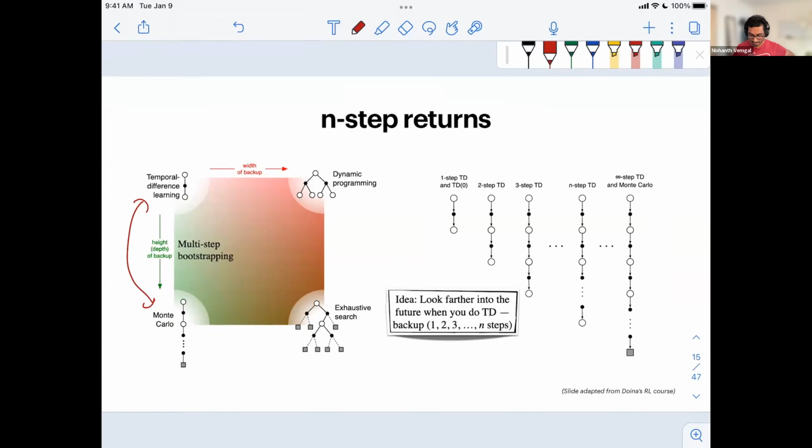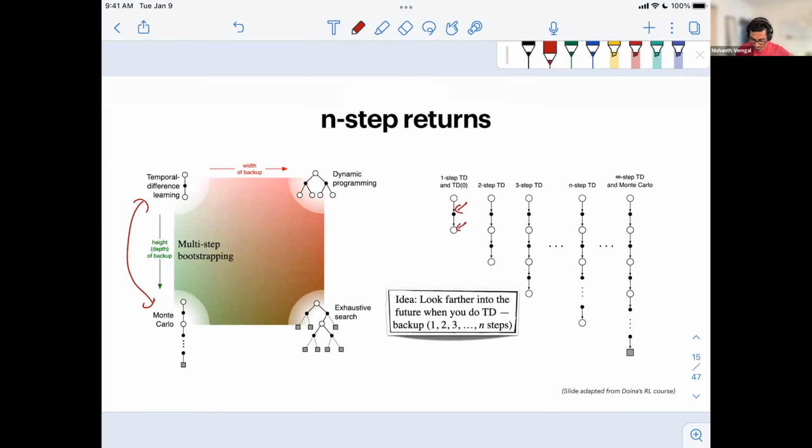The idea, as I said, is that you collect rewards as you go, and then you use the value of the state at the end of a particular point as a proxy for the remaining rewards from that point onwards. So you have TD0 as a backup diagram, which uses one reward and the value of the next state.